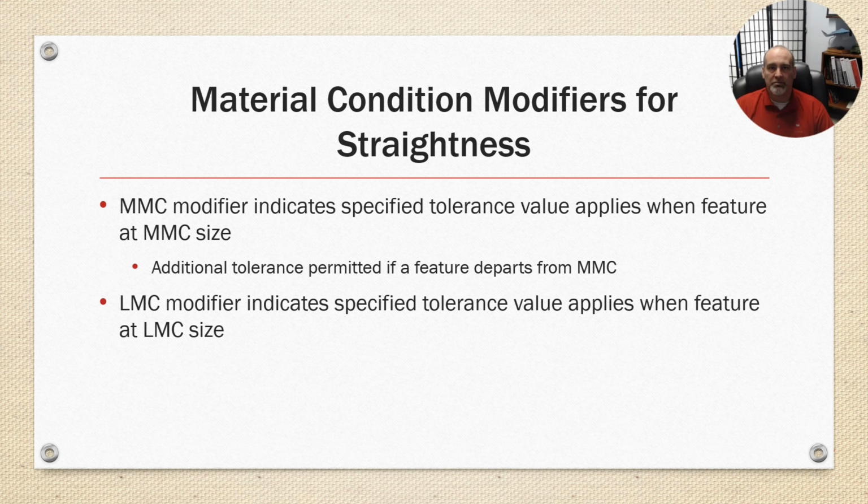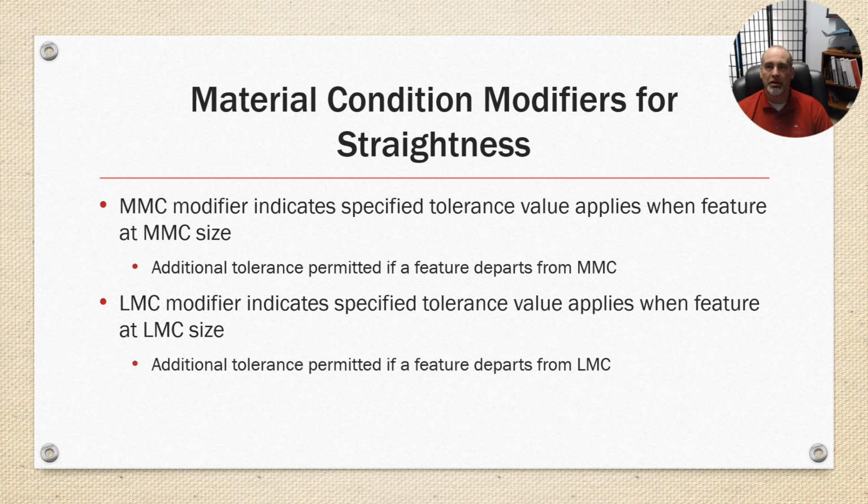An LMC modifier indicates the specified tolerance value applies when the feature is at least material condition size. An additional tolerance is permitted if a feature departs from LMC. So you get a little bit of bonus on the straightness tolerance if one of those modifiers is called and it's not right at that limit.